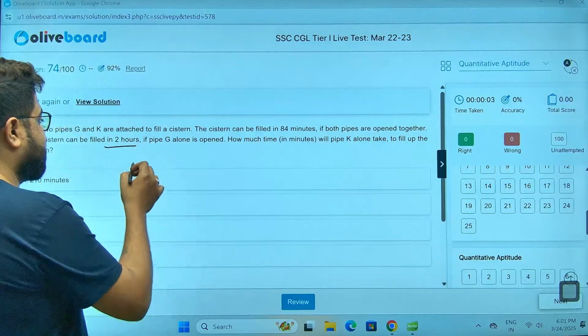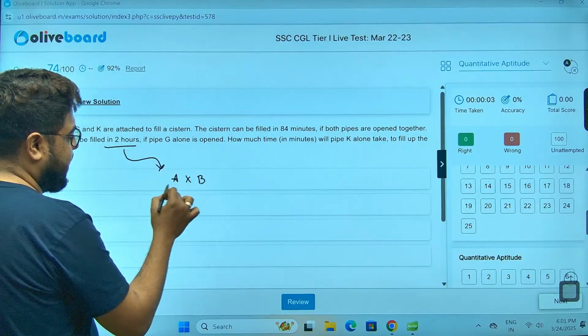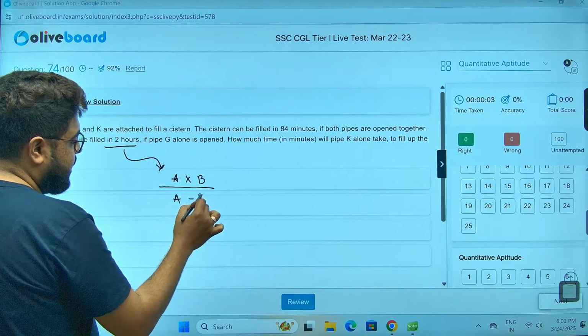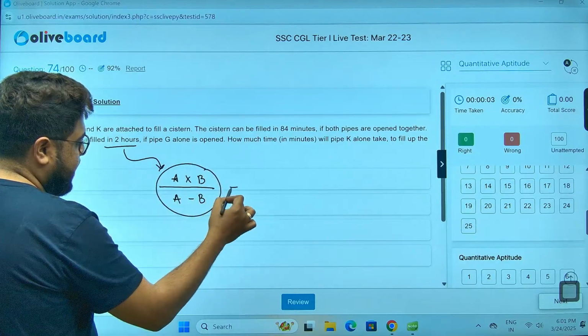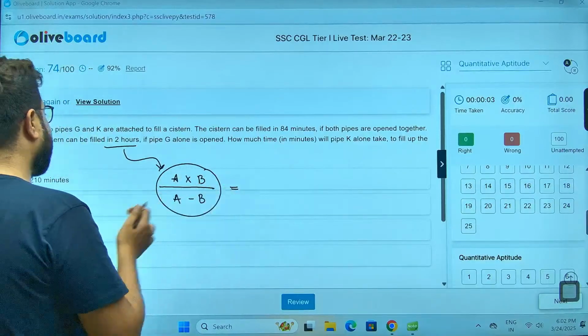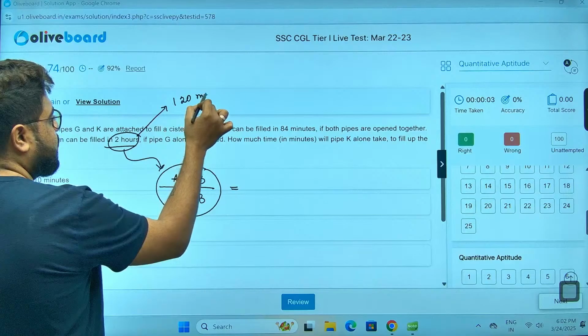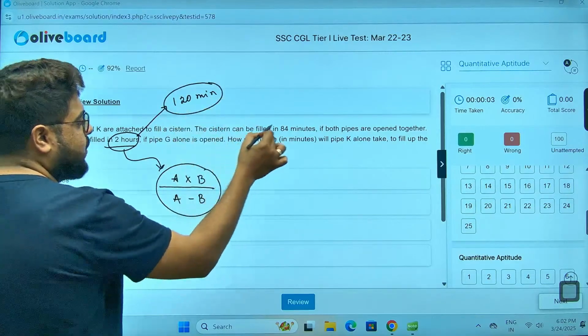If you want, you can directly say it will be A into B by A minus B. You can use this, but again, I'm not a big fan of remembering formulas. But 2 hours means take it as 120, because both you have to keep in the same unit.